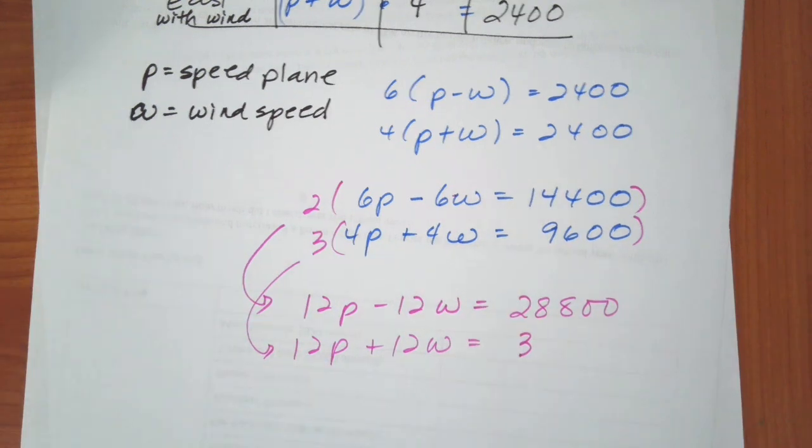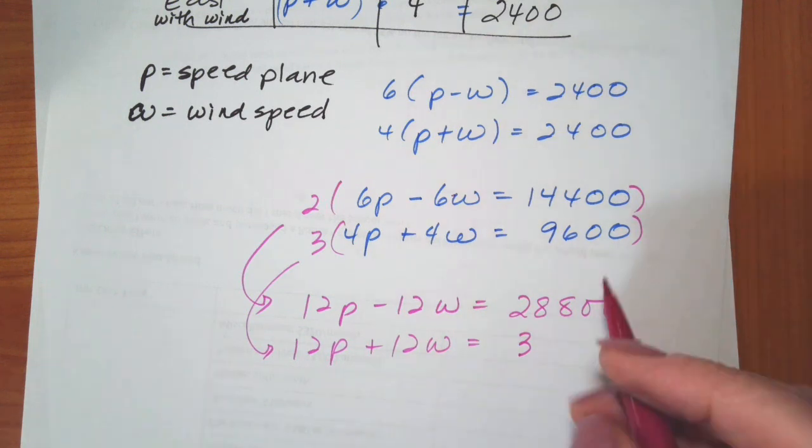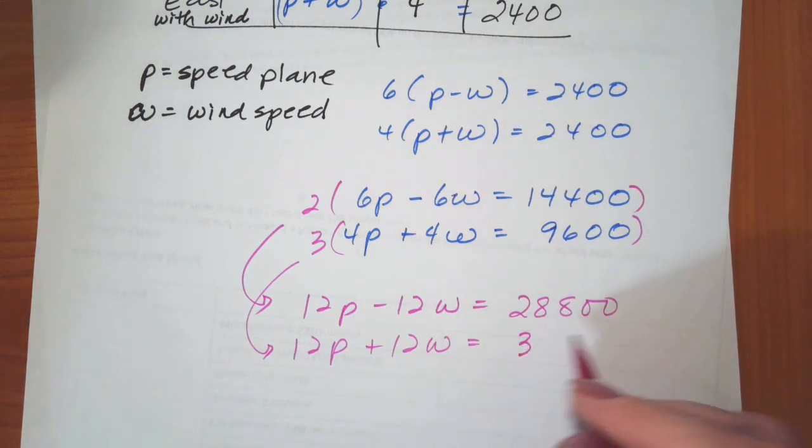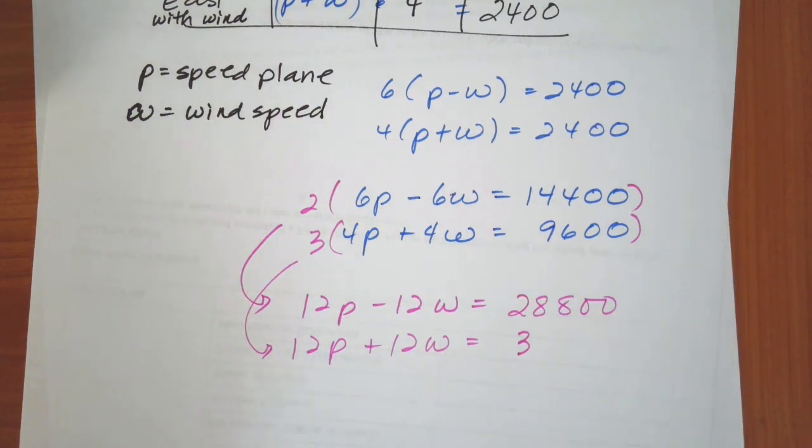Oops, that's not right because I multiplied by 4 instead of 3. So 9,600 times 3 is 20. No. Okay, I've done something wrong.